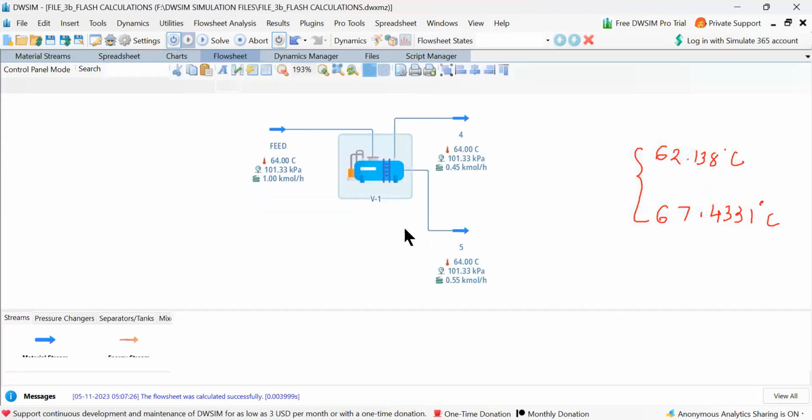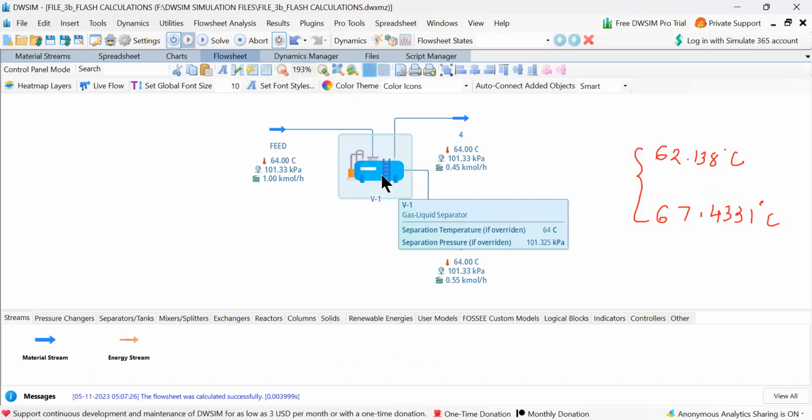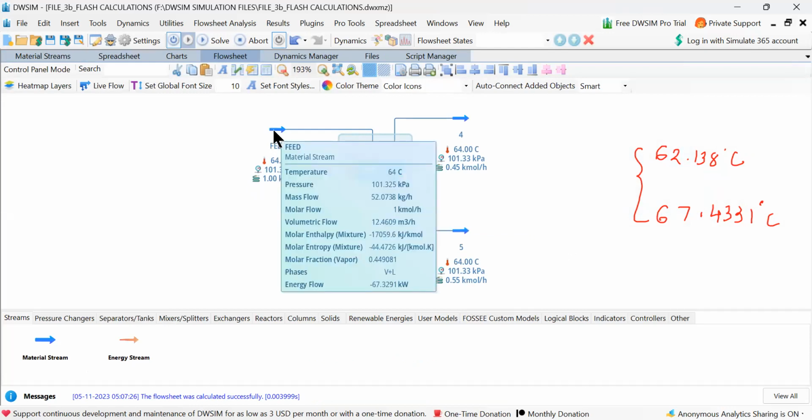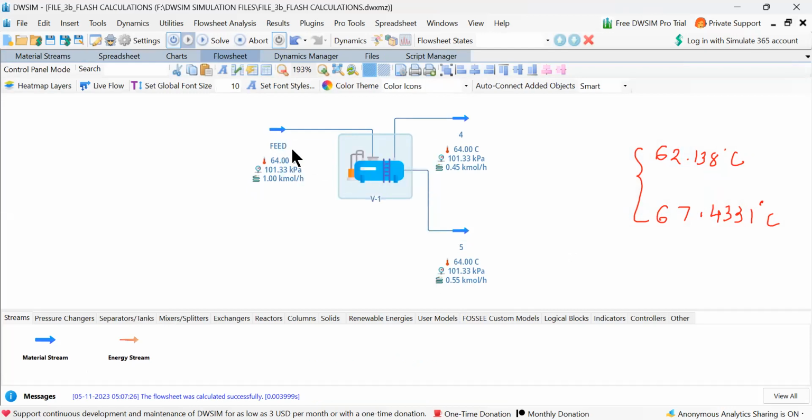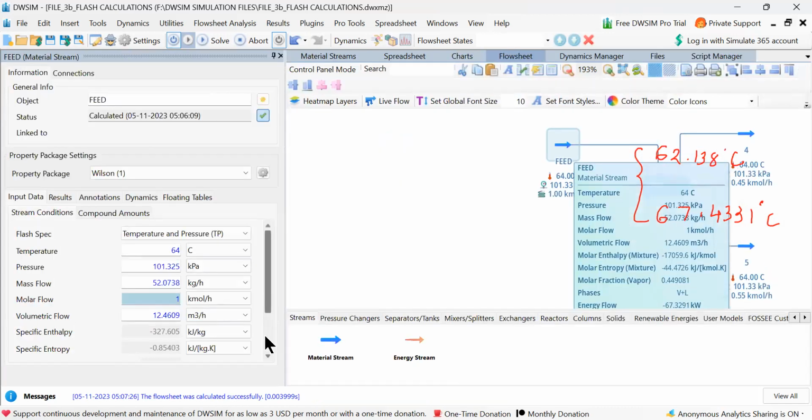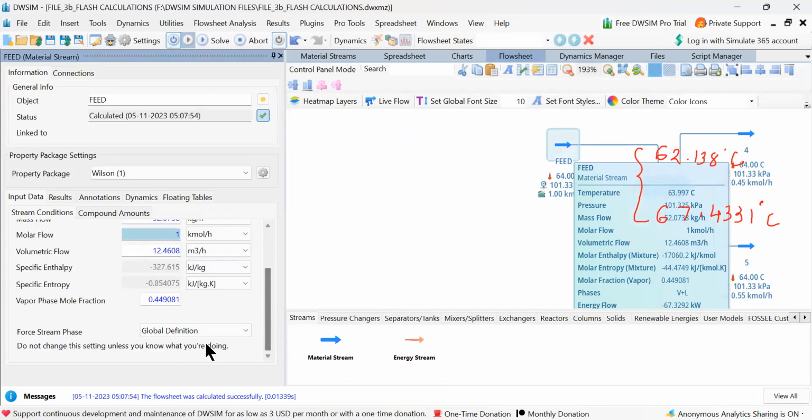Now you see this entire thing. Now if I come to this, it is 64 degrees centigrade, that means even in the gas liquid separator I see this. So to check whether my result is correct or not, I go to this feed, go to pressure and vapor fraction, come down and set this to 0.